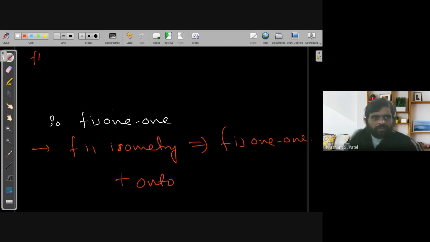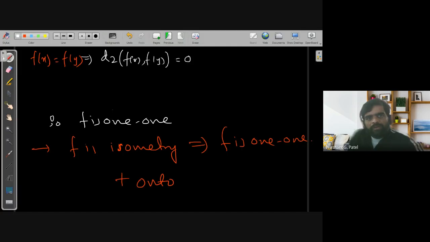So I'll start with f of x, f of y is the same, which implies that d2 of fx, fy is equal to 0, which implies that fx is equal to fy, which implies that x is equal to y. Sorry, what am I doing?